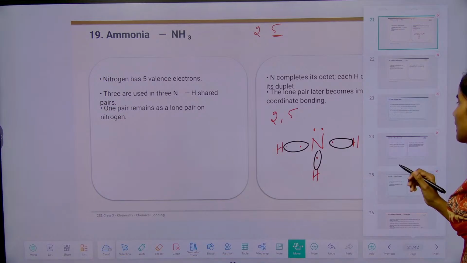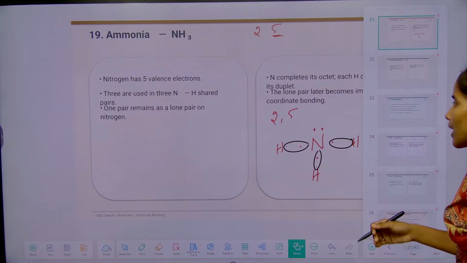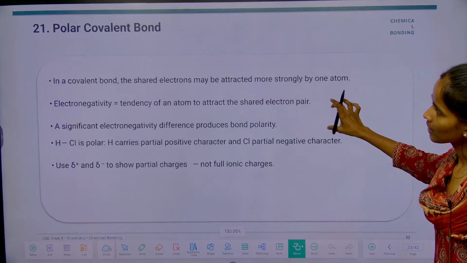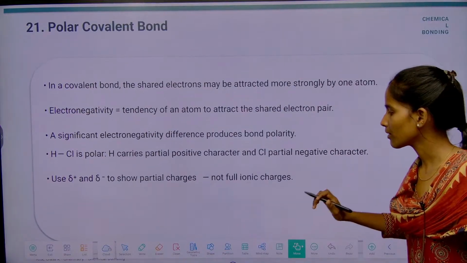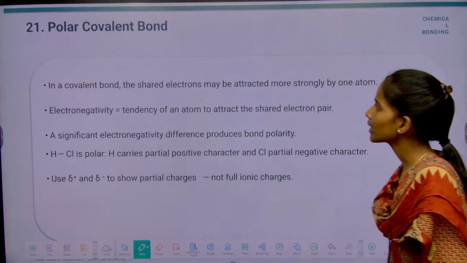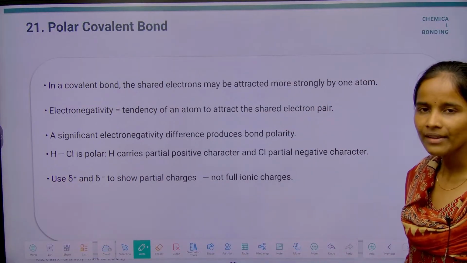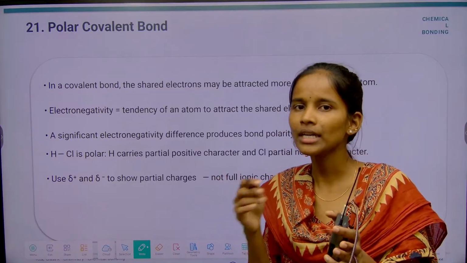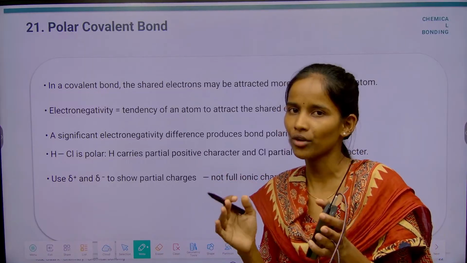In covalent bonds we have 2 types, polar covalent bond and non-polar covalent bond. We will see about those. What is a polar covalent bond and what is a non-polar covalent bond? A covalent bond is formed due to a shared pair of electrons, right?